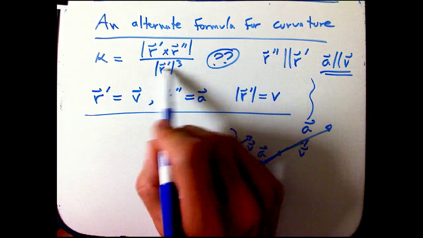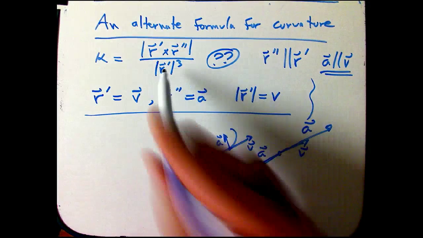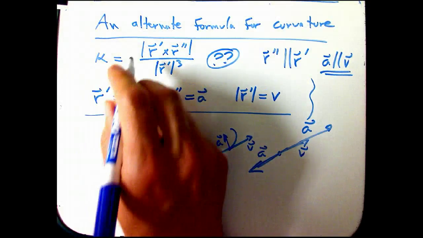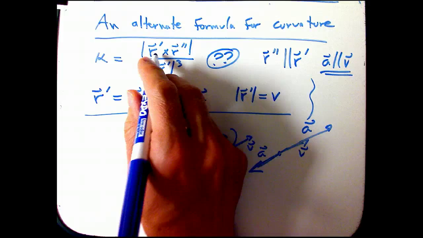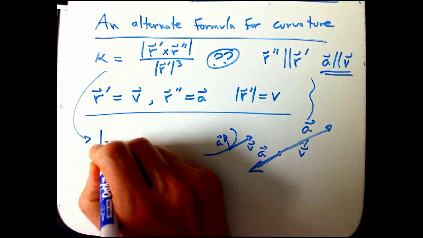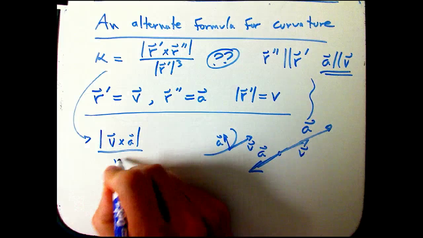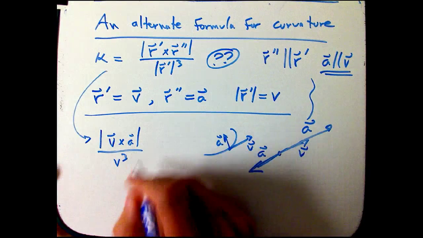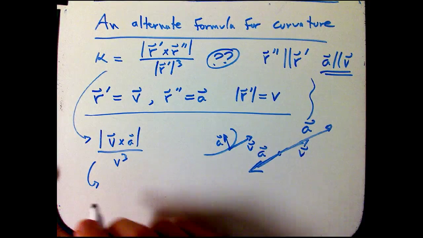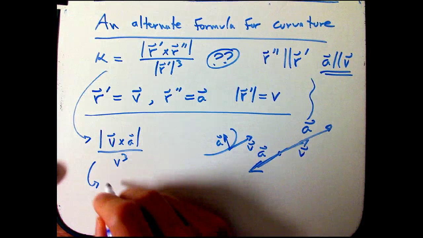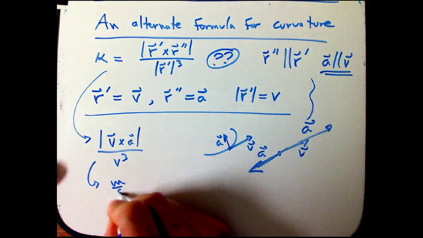The last thing is, why have velocity cubed or speed cubed on the bottom? That's easy to do from unit considerations. Let's just rewrite this. This is the magnitude of v cross a over speed cubed. Okay, and this is how a physicist would verify that there's really something at work here that makes sense. This would be like meters per second.